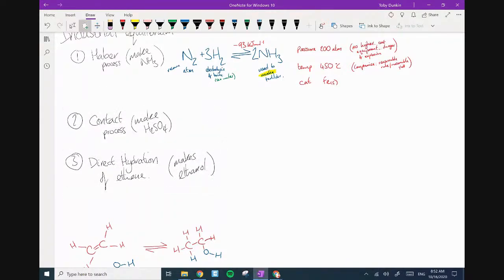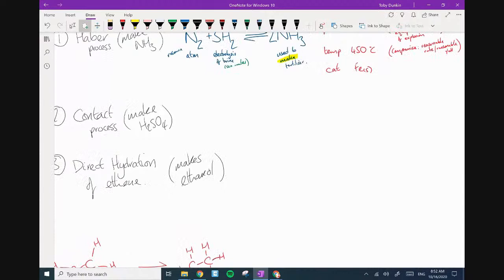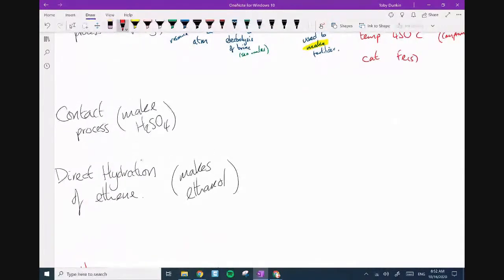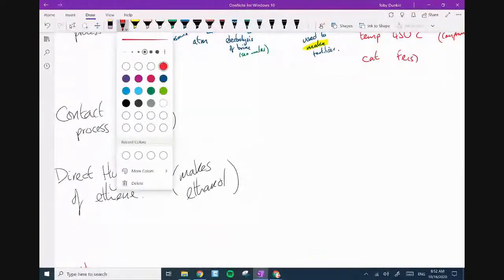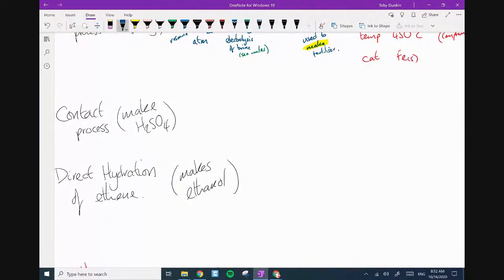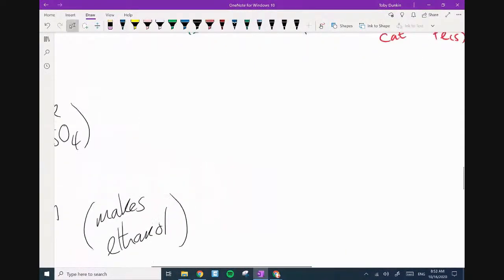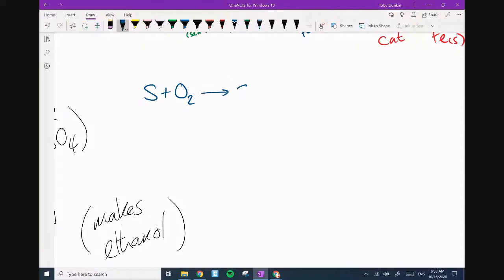Okay, contact process, for making sulfuric acid. Sulfur reacts with oxygen to form SO2, not in equilibrium. SO2 reacts with another half O2, in equilibrium, to form SO3.